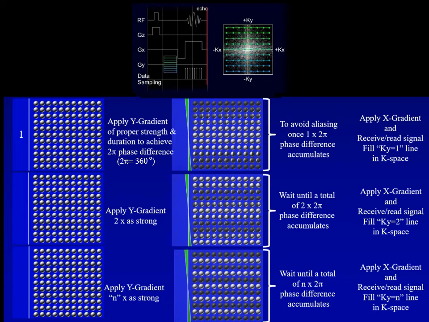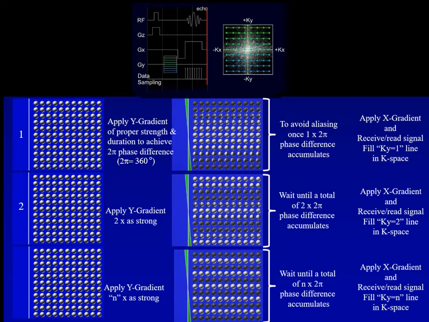Once 1 complete revolution difference accumulates, according to the Nyquist theorem, to avoid aliasing, we proceed to apply the x gradient, read and receive the signal, and fill the ky equal to 1 line in k-space.